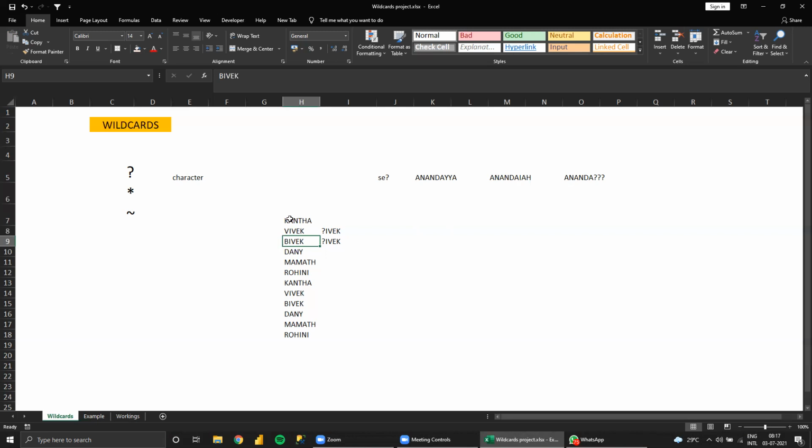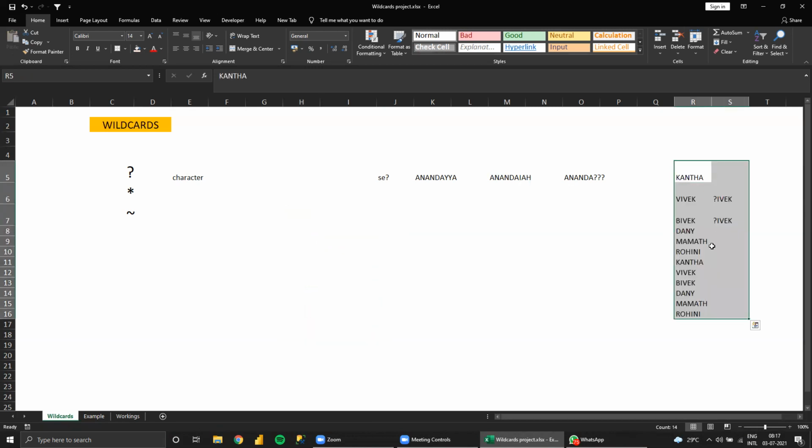We'll see the example when we write the formula, but first you need to understand the concept. The question mark is a wildcard: wherever you can incorporate any character, not a specific one. Instead of a specific readable character, if any character can be considered, then we use the question mark.